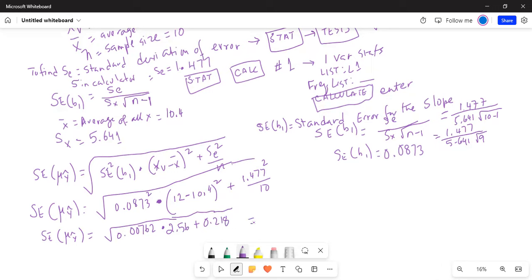So that is the square root of 0.00762 times 2.56 plus 0.218, which is the square root of 0.2375, and that is equal to 0.487.